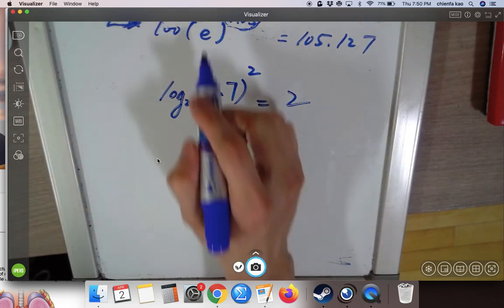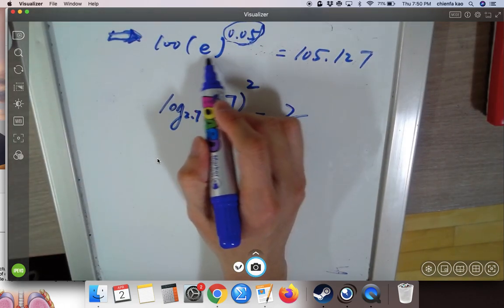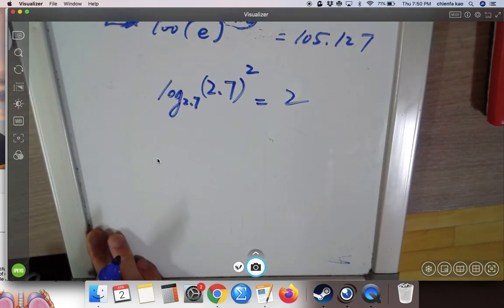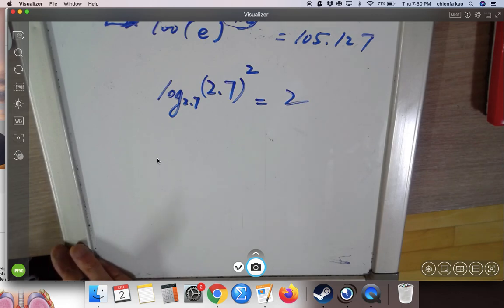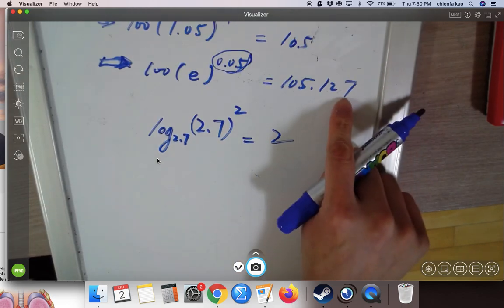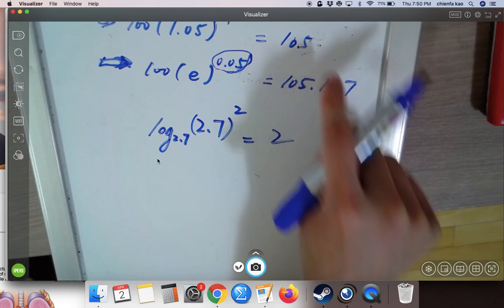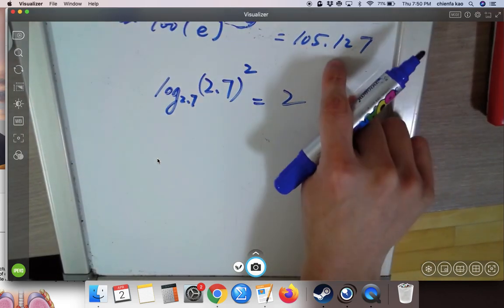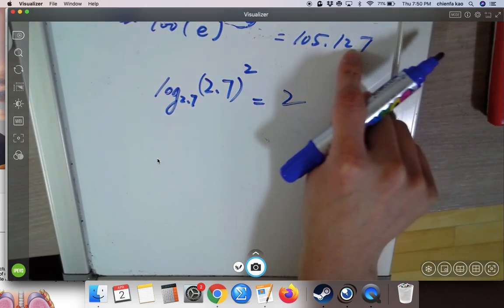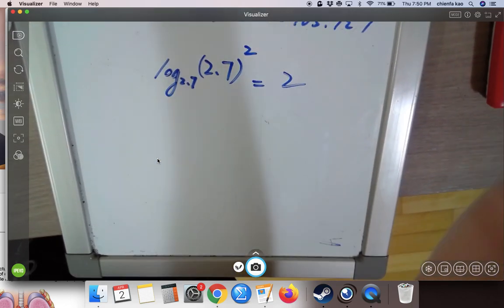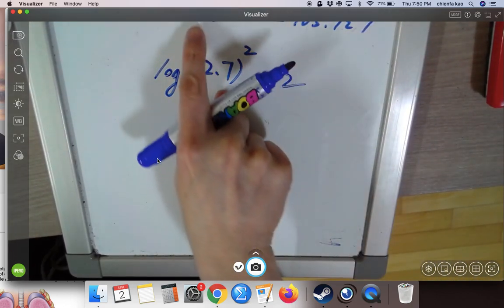Yes, it's true for everything that we have learned. Except now, because this natural log e is used quite a lot in real science in terms of calculating growth, because it's more accurate to the actual data. This is a simplistic one, but in real life, in order for us to be closer to the truth, we use this one. So they came up with a special log just for e.